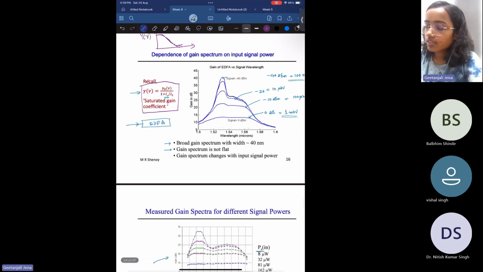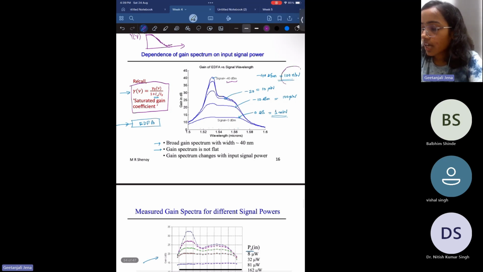And for EDFA, what is the gain curve? If you see the EDFA, it varies with respect to the signal power. The concept is the same. When you increase the intensity, the gain will decrease. So if you see the top curve, it is around minus 40 dBm, which is 100 nanowatt. The second one is minus 20 dBm, which is 10 microwatt.